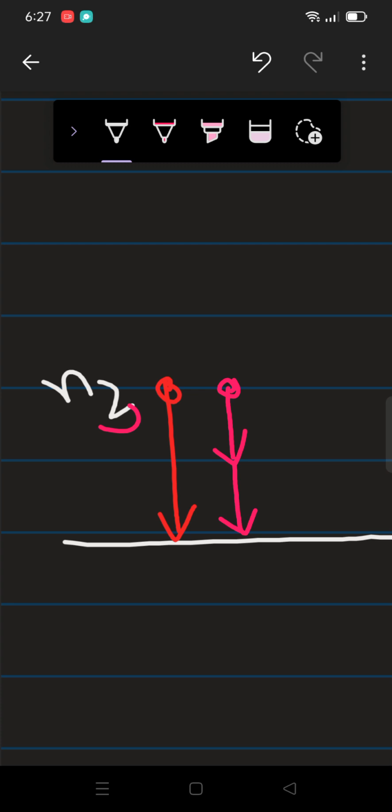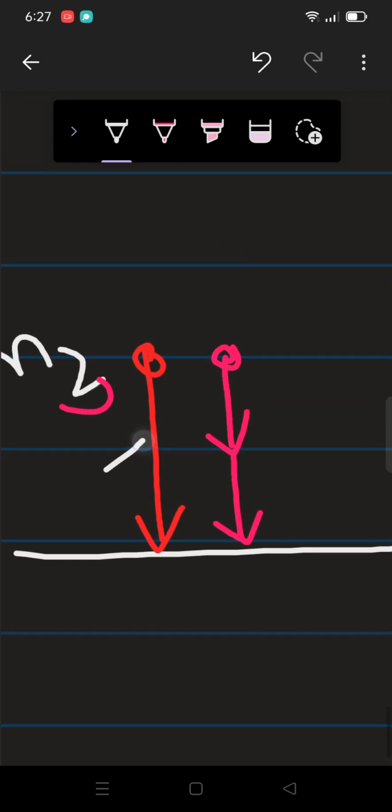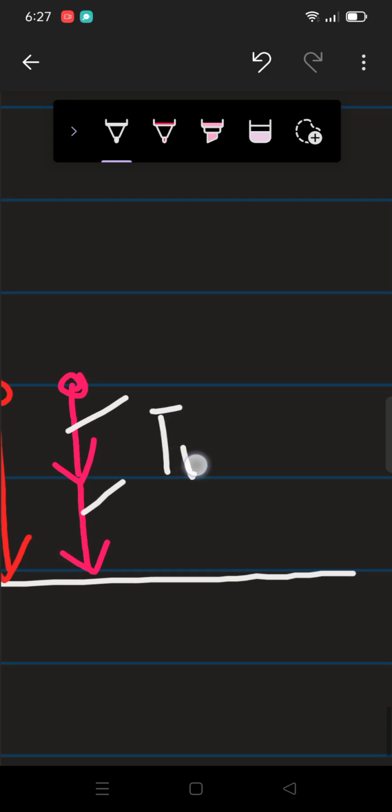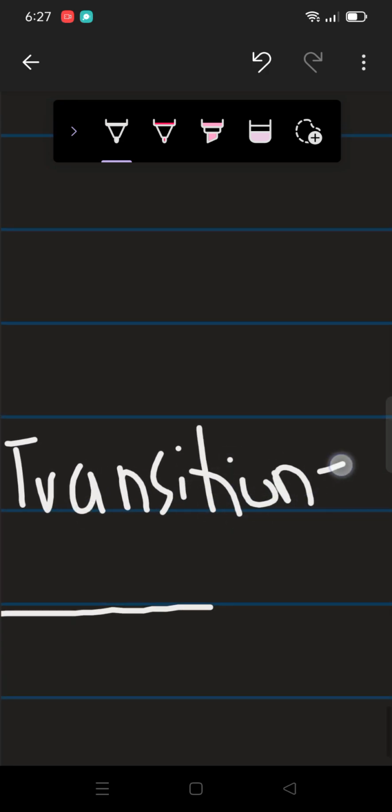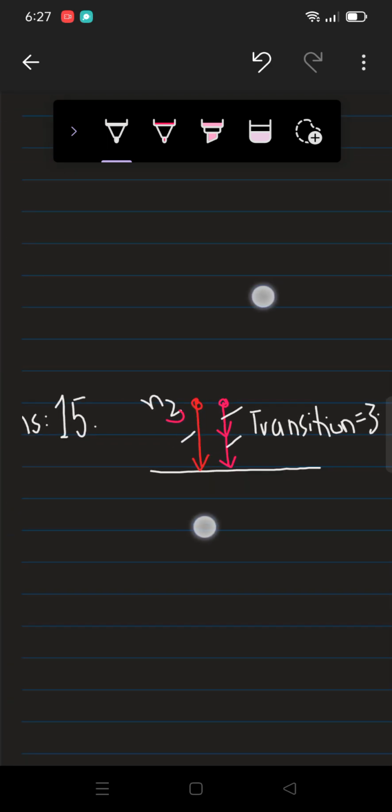So here we have only these possibilities. The electron on the n3 shell can directly go to n1, or it can first go to n2, and then from n2 it can go to n1. So how many transitions do we have here? 1, 2, 3. So total transitions in this case is 3.